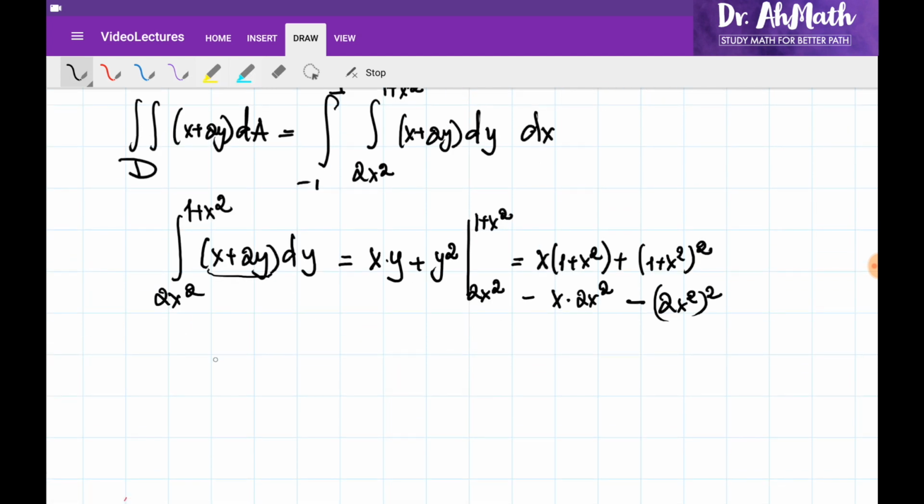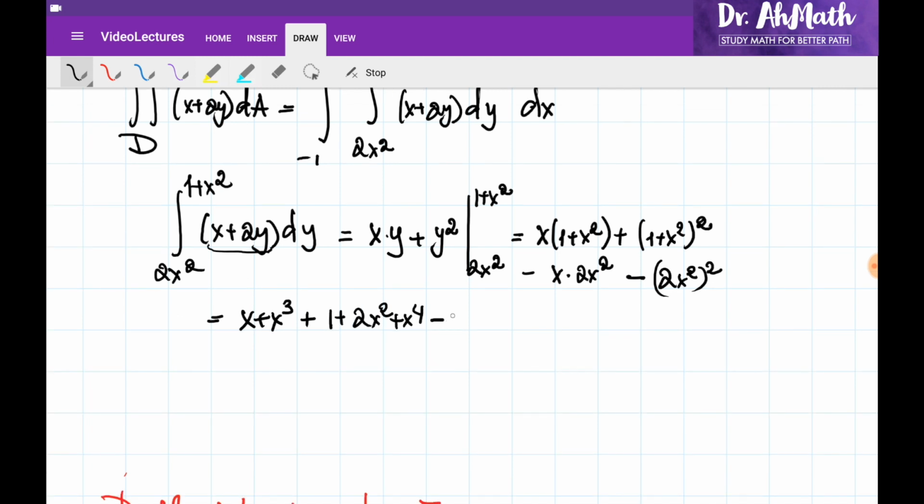So if I open up all the brackets, I would get x plus x cubed plus 1 plus 2x squared plus x squared minus 2x cubed minus 4x in the power of 4.